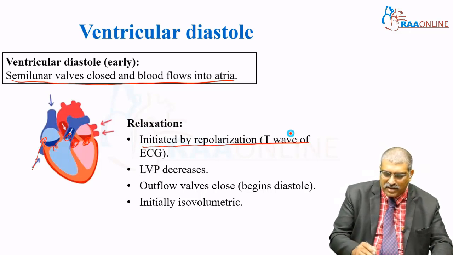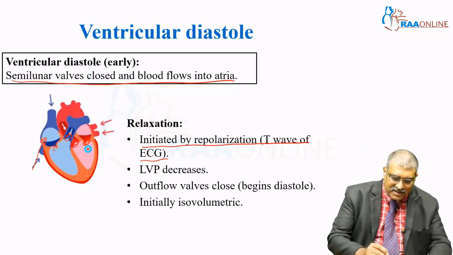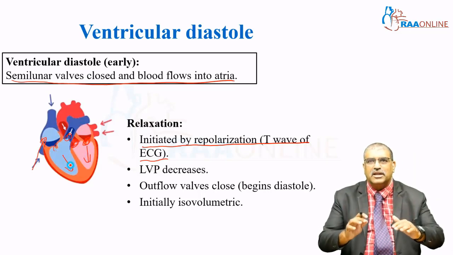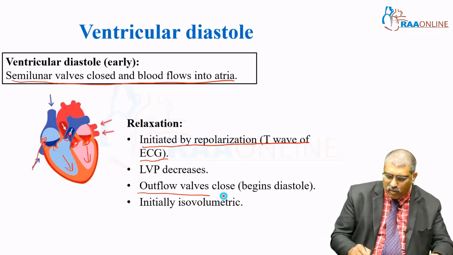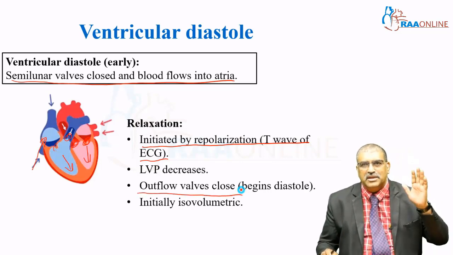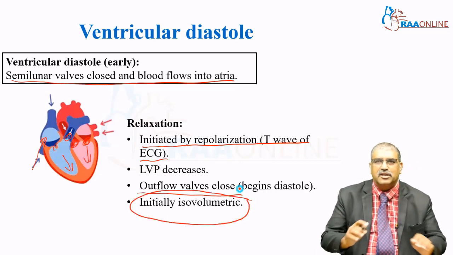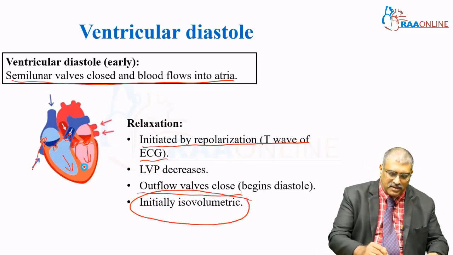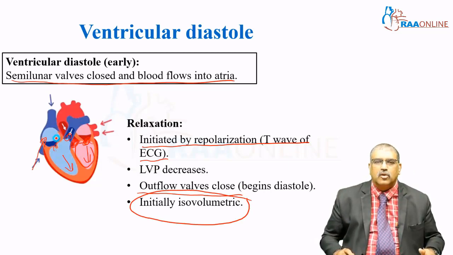It is correlated with the T wave in ECG, and as the blood is ejected, your ventricular pressure is reduced. It is getting reduced slowly. The outflow valve is already closed. That means the beginning of diastole, and initially it is isovolumetric. The volume is the same because both the AV valve and the semilunar valve are closed.